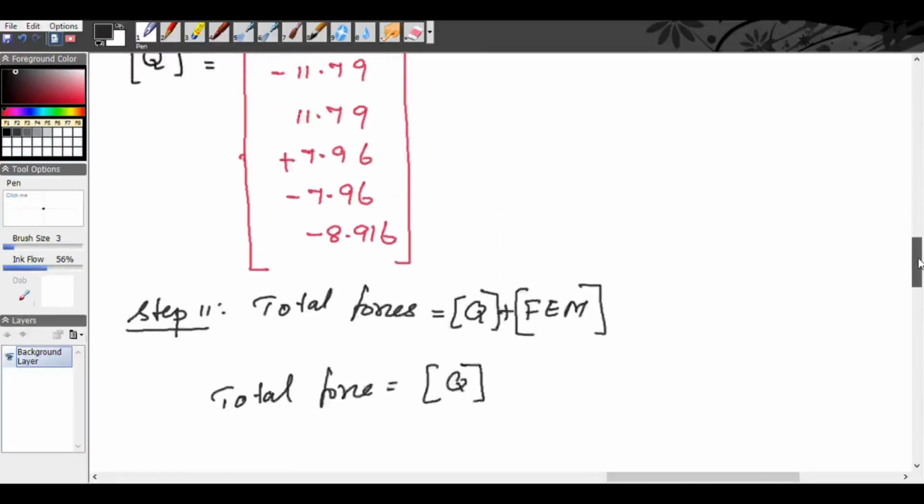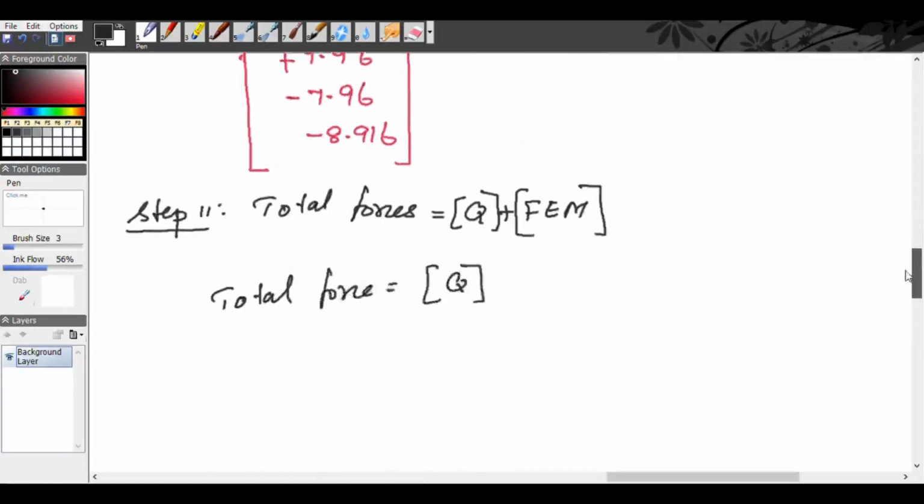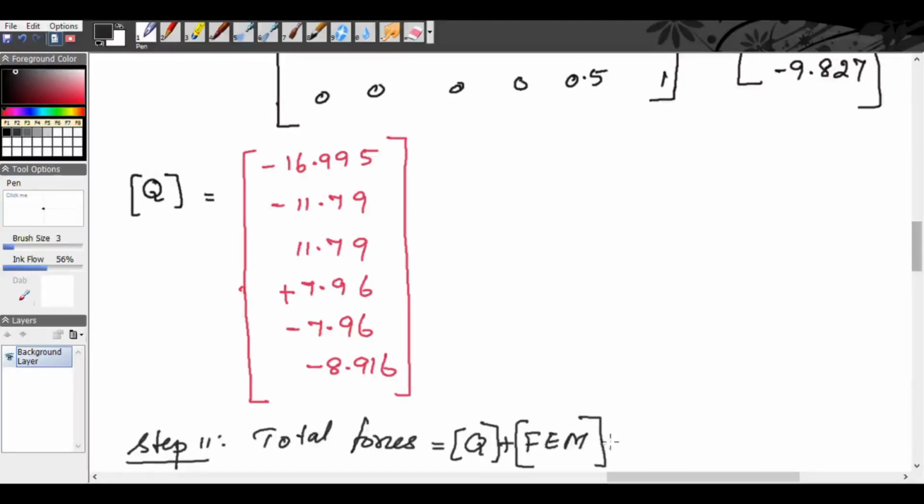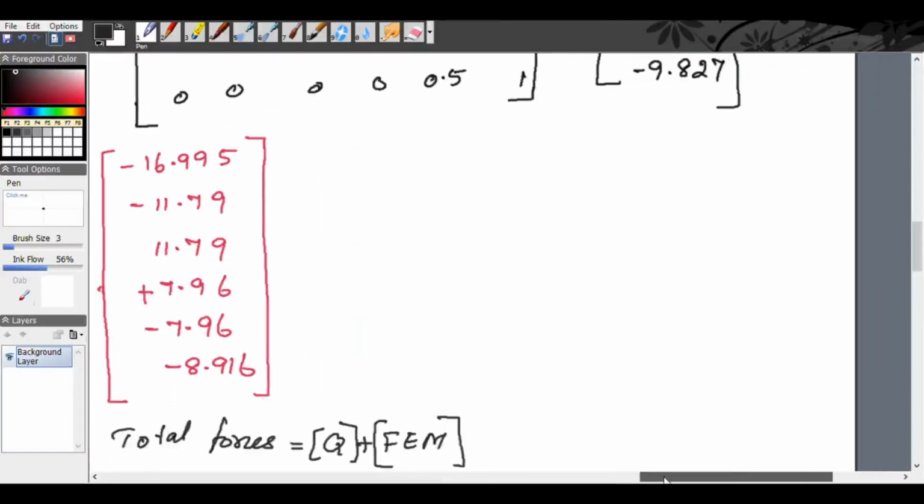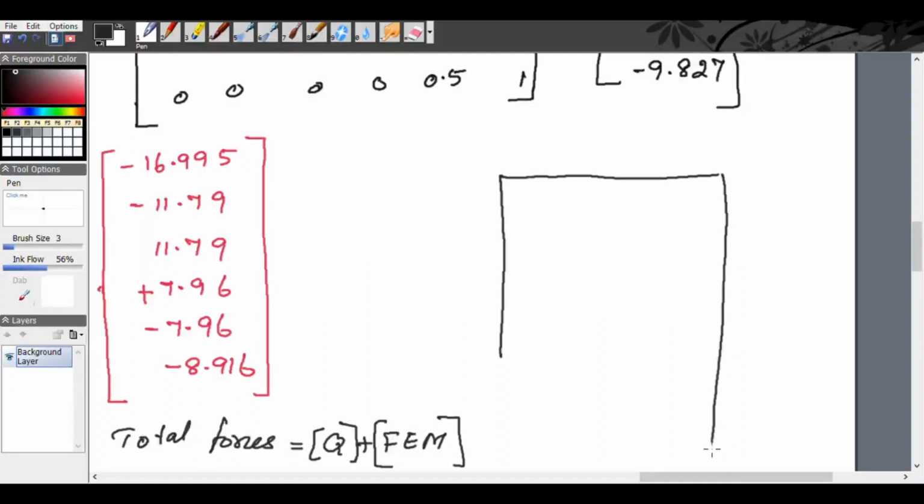Now we will draw the bending moment diagram for our frame. So we all know this is our frame, right? So our frame is like this.